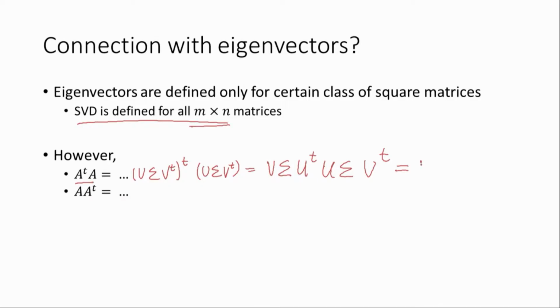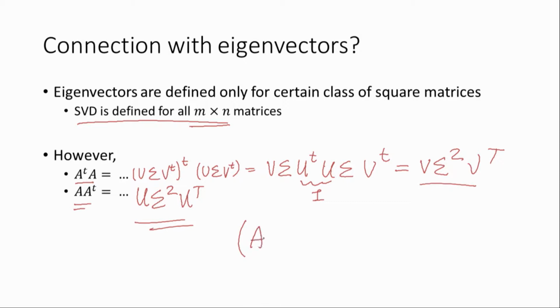U is an orthonormal matrix, and therefore this is V sigma square V transpose because this is identity. And what would A transpose be? U transpose.